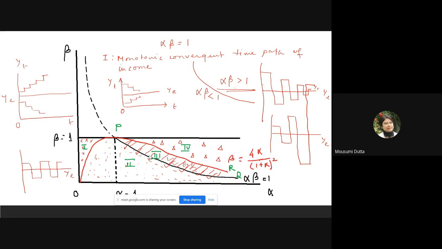Okay, everybody is fine? Yes, ma'am. I thought you were talking about equal roots. Okay. Now look at the diagram. If we are along these red lines, along PR, what will be the nature of the time path?